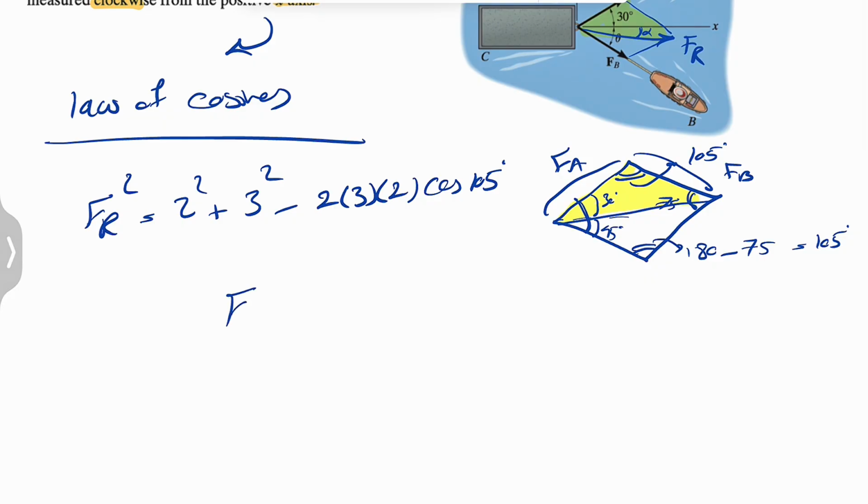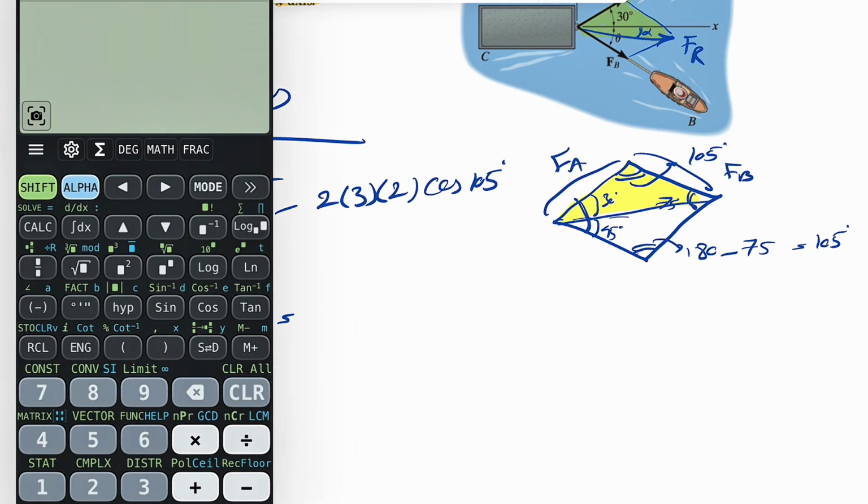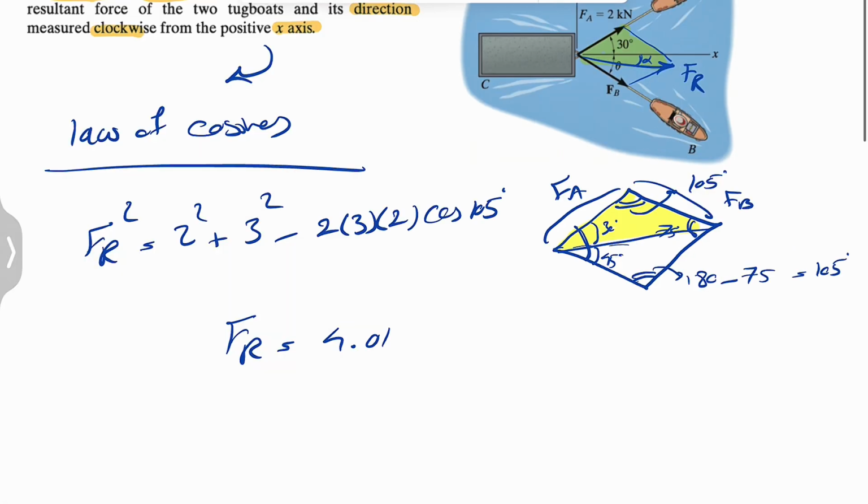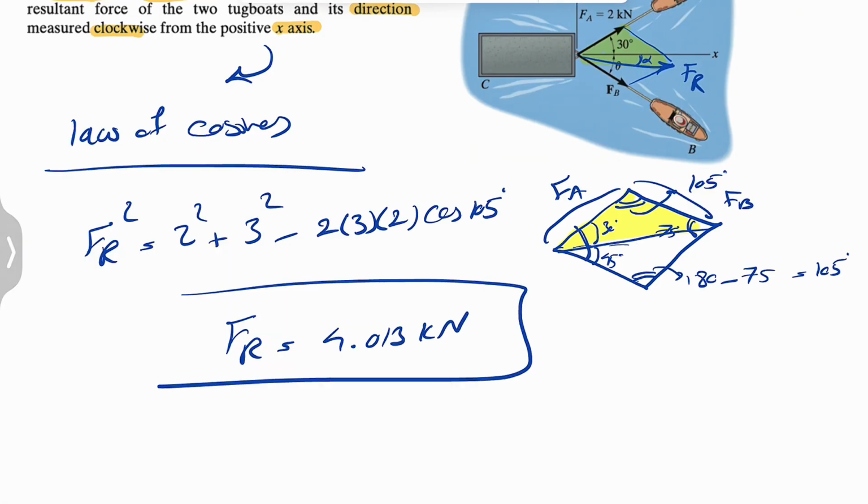Here we can find FR: the square root of 2 squared plus 3 squared minus 2 times 3 times 2 times cosine of 105. That's going to give us 4.013, and the units are in kilonewtons. Reporting this as 3 significant figures, it's going to be 4.01.